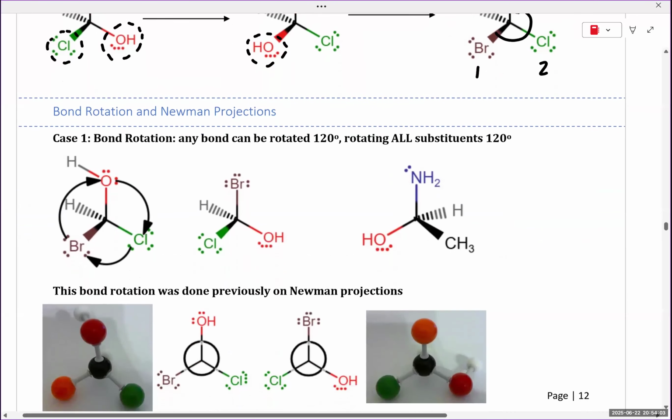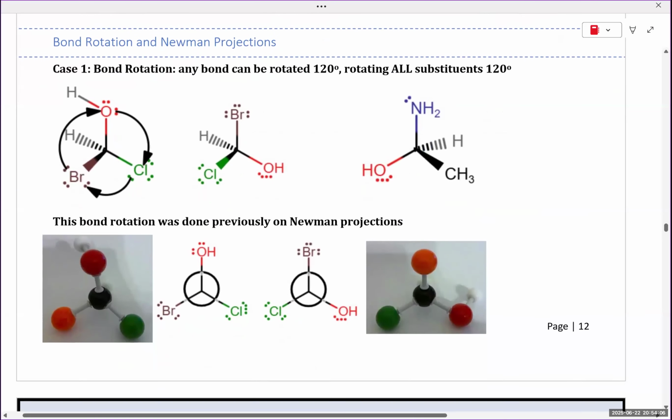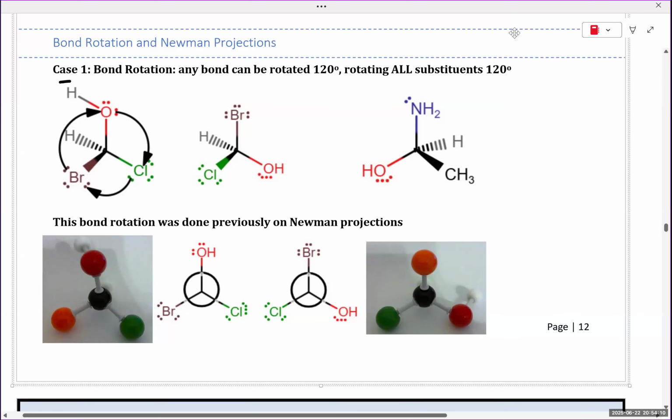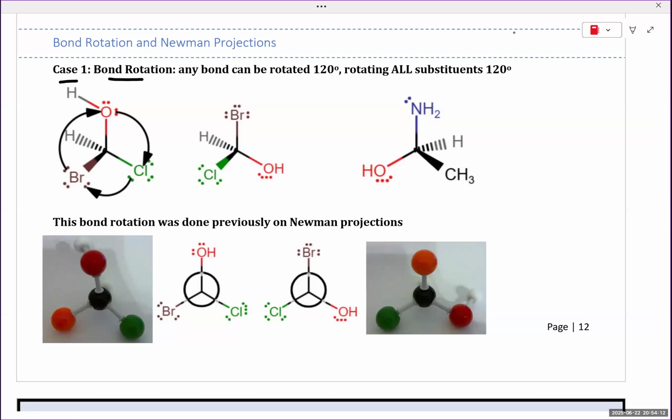Let's talk a little bit about bond rotation from a Newman projection perspective. So let's talk about case one for bond rotation. Any bond can be rotated 120 degrees, rotating all substituents 120 degrees. So I can take this bond and rotate it along this axis.